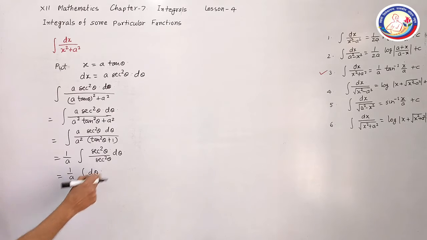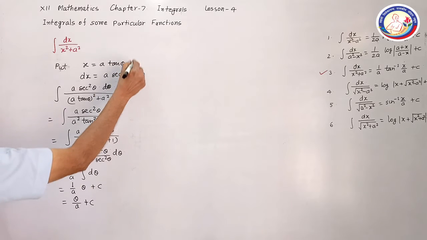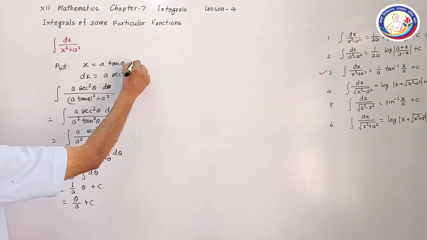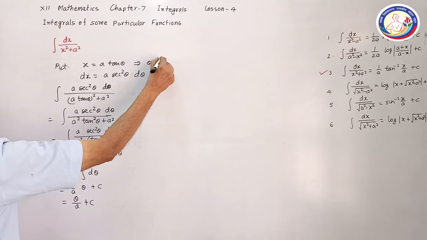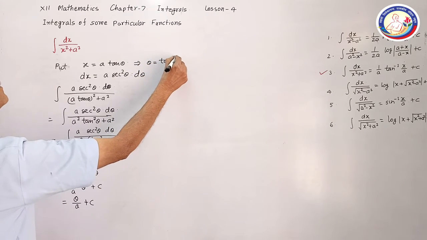Integrate this with respect to theta, we shall get 1 upon a into theta plus c. Because theta raised to power 0, here it is 1 into d theta we can call, or integration of 1 is theta always. So it is theta upon a plus c. What is theta here? From this, theta equal to tangent inverse x by a.